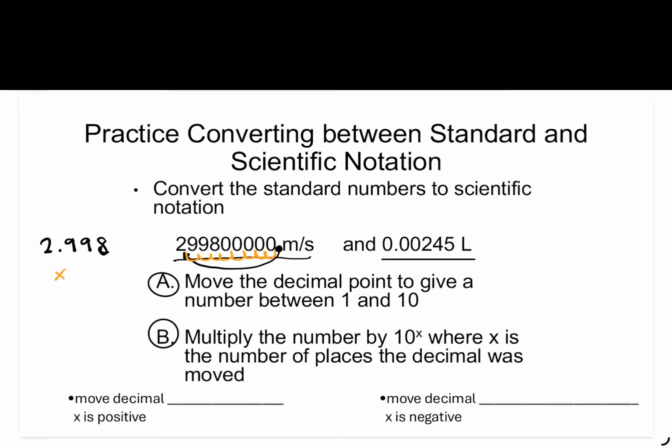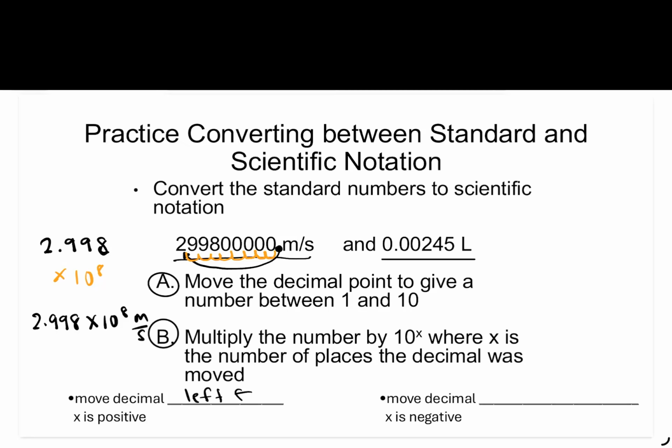So I multiply by 10 to the 8. The overall number is 2.998 times 10 to the 8, and let's remember the units, meters per second. Notice that I moved the decimal place to the left, and that made x positive. That's because I was working with a large number.